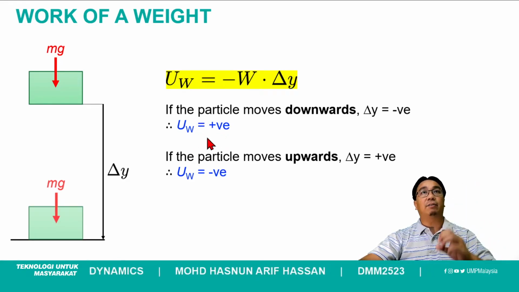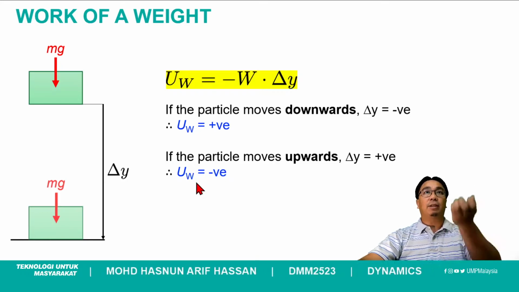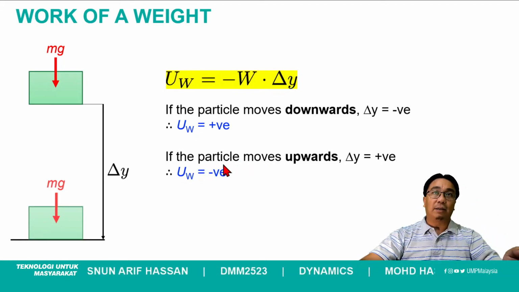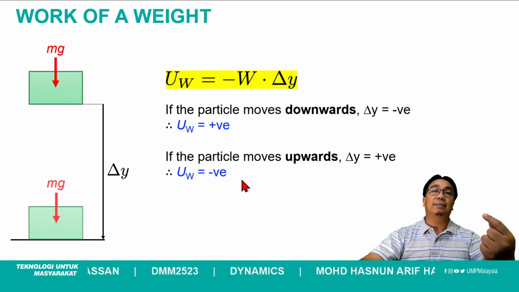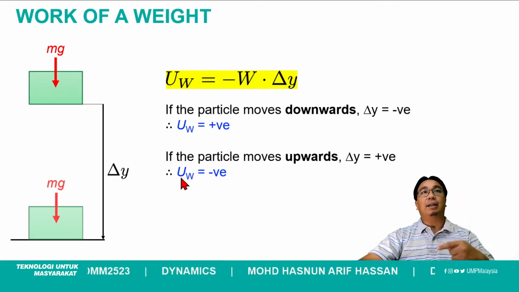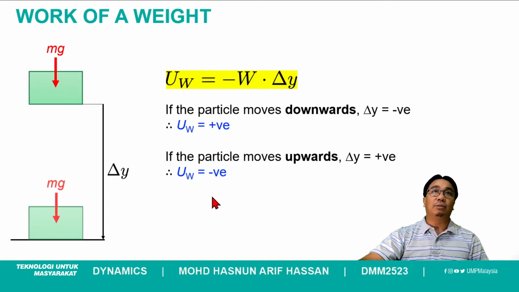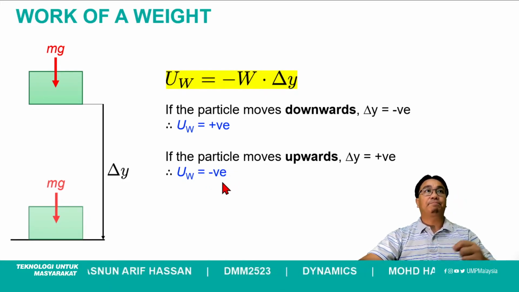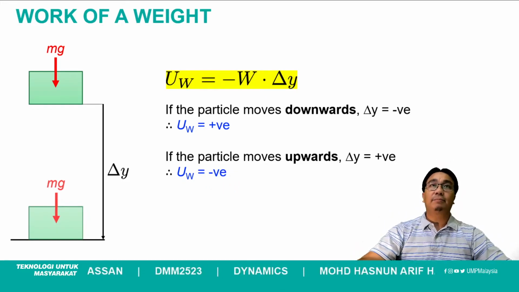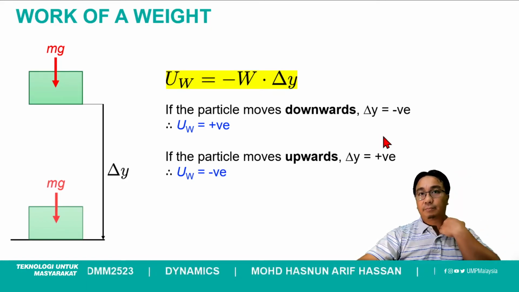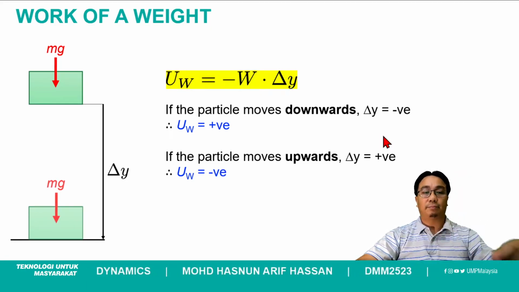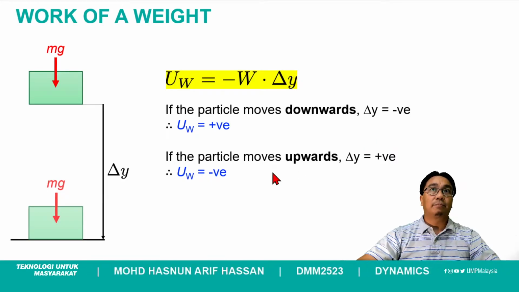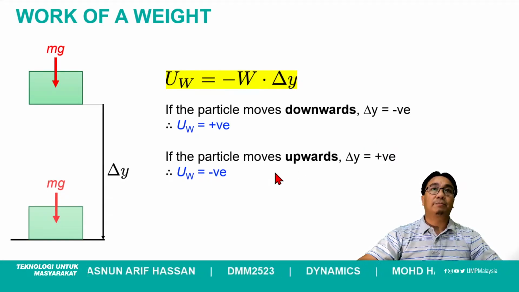Tapi kalau kita baling kotak tu ke atas, partikel ataupun objek itu bergerak ke atas, dia ialah di arah bertentangan dengan gravity. So that's why work done by weight will be negative. Okay? Jelas tak ini? Ada apa-apa soalan? Work of a weight? Any question?